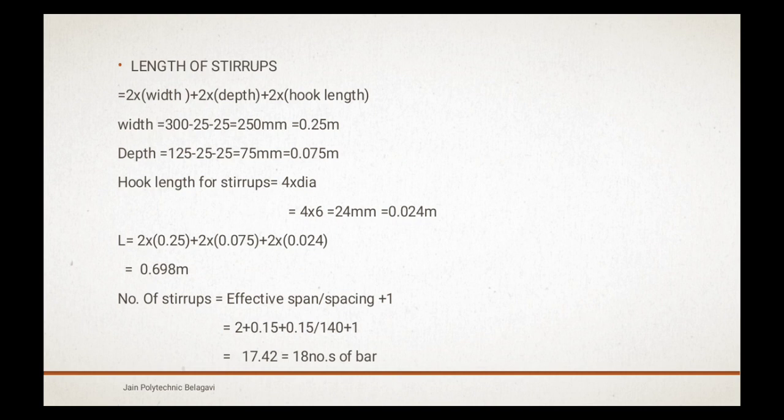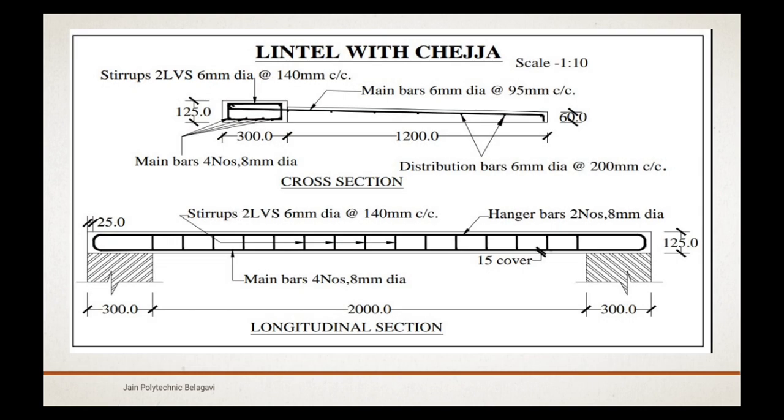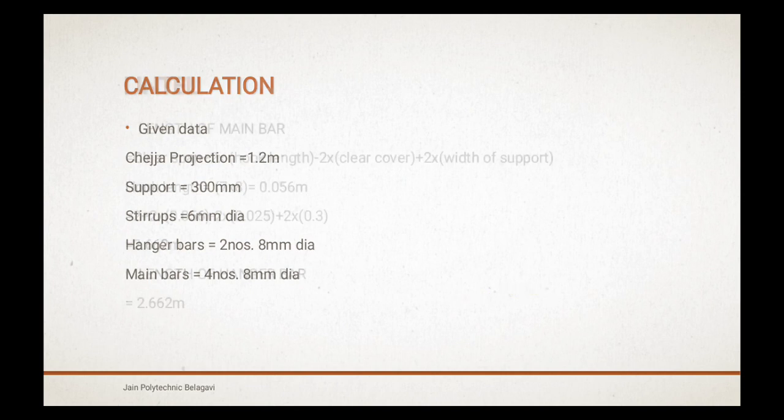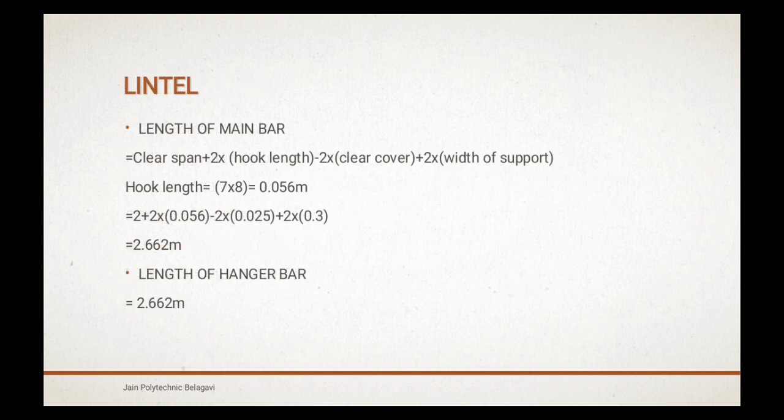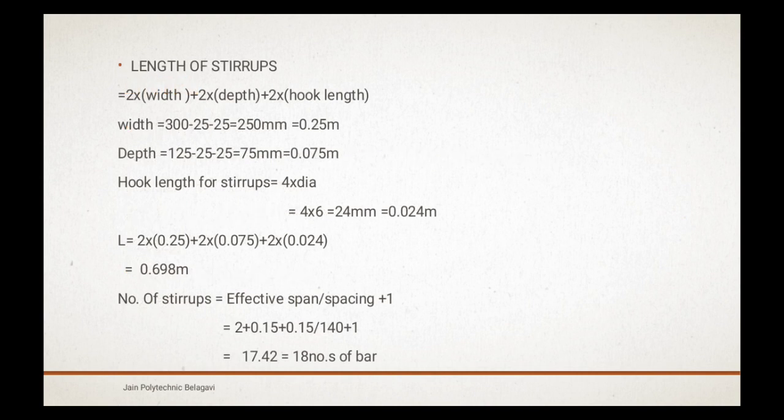The formula is 2 into width plus 2 into depth plus 2 into hook length. We calculate the width, depth and hook length. Width is 300, minus 2 times the cover of 25, so we get 250 mm, in meter 0.25.